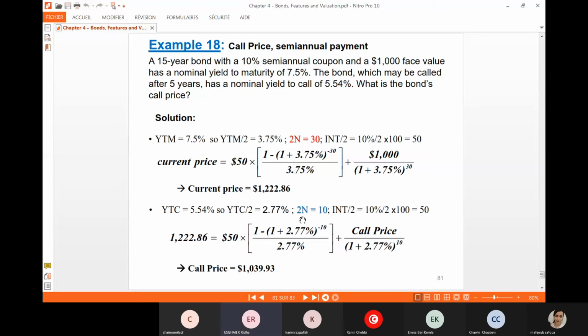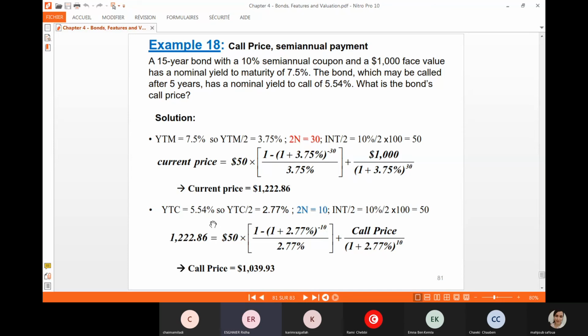So I put the known amounts in the equality. The unknown amount is the call price, and I solve for it. We subtract from the price the present value of the future interest during 10 semesters, because it will be called 5 years from now, after 10 semesters.